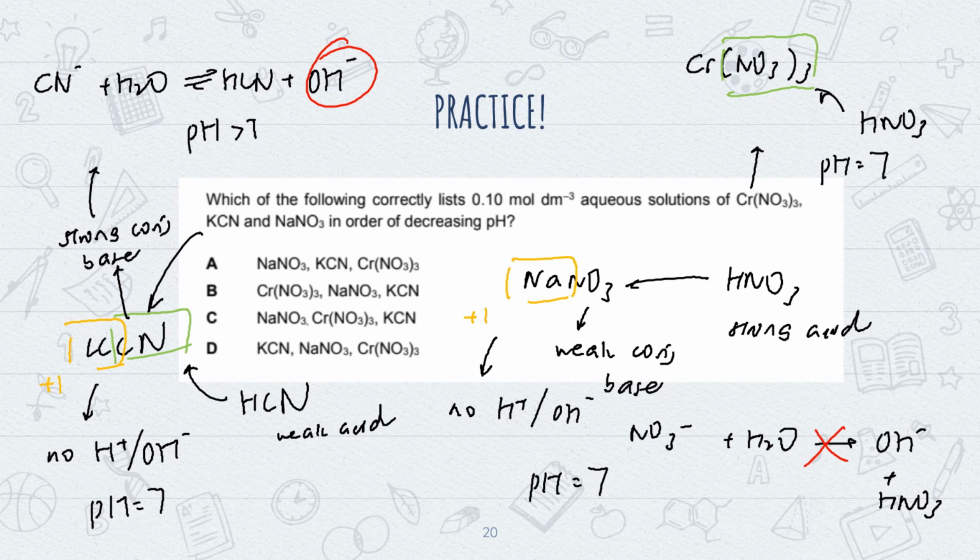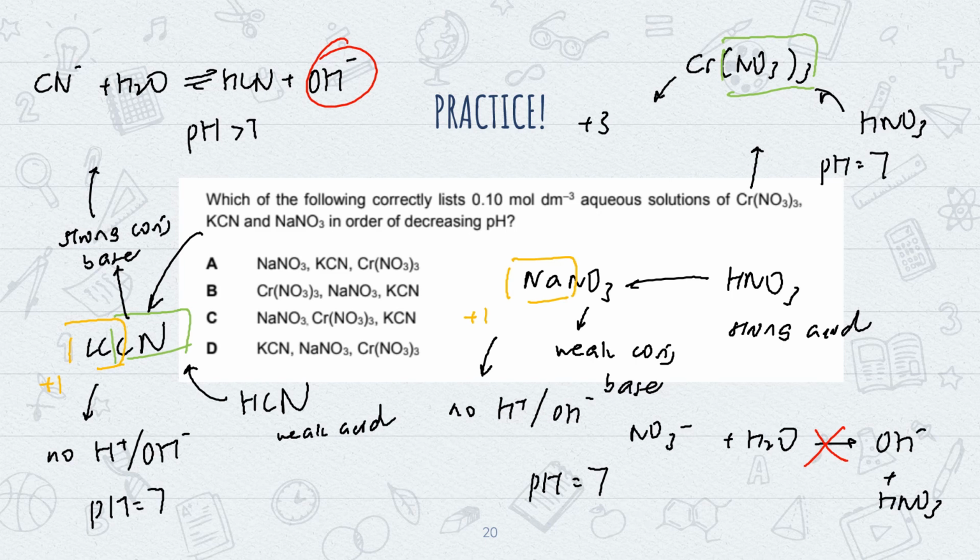But now if you focus on the chromium cation, it has a charge of +3. So it has around the same charge density as Al3 plus, and it will be considered a cation with high charge density.